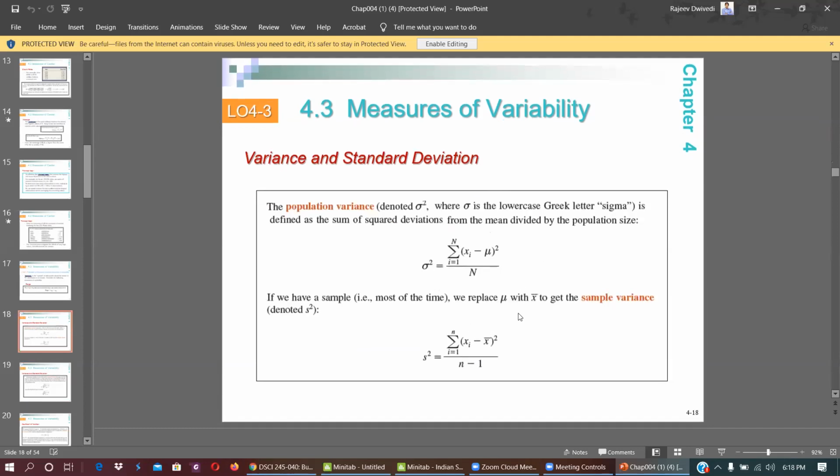Look at the difference between the variance and the standard deviation. In variance, you can see there is no square root, but here sigma square is there. If I want to remove this square part, I will do the square root.